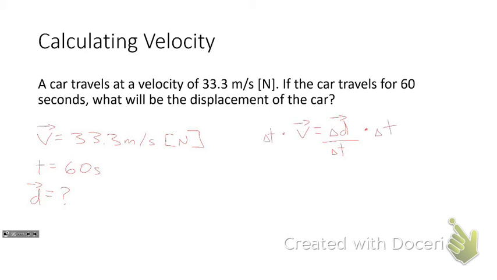Okay, delta t divided by delta t is equal to 1, so that will just cancel. And now we have displacement is equal to velocity multiplied by our change in time. And which we have, so our velocity is 33.3 meters per second multiplied by 60 seconds.